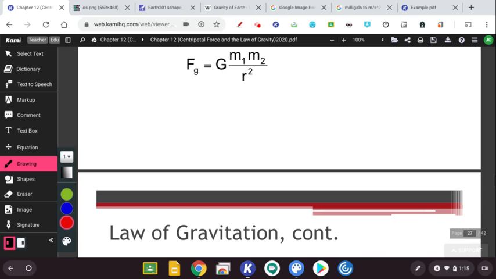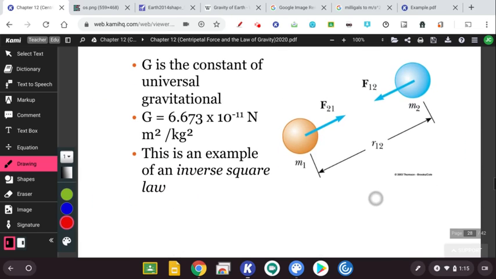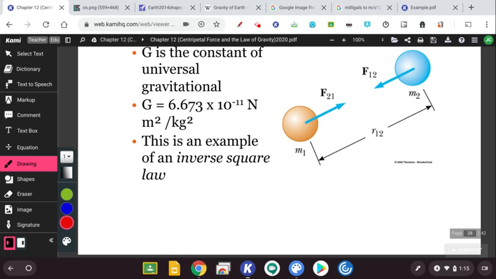Now, this equation and these ideas of inverse squares affect not just planets and stars, but they affect you. They affect things around you. If you are standing near someone and talking to them, they have a mass, you have a mass, you are attracted to them, they are attracted to you.